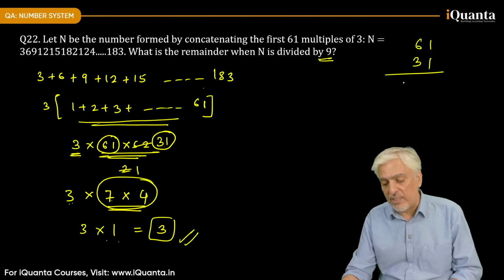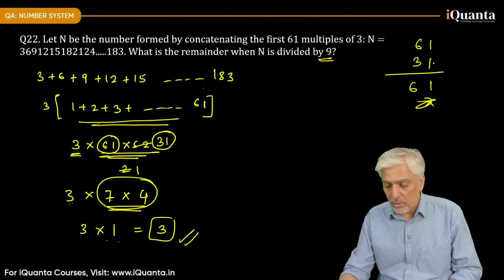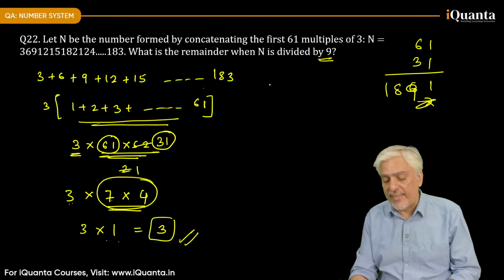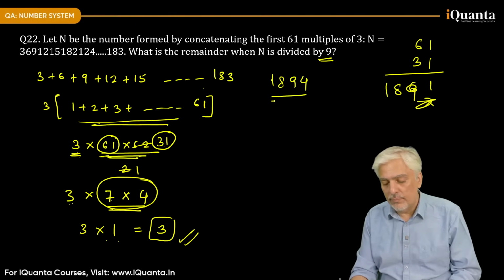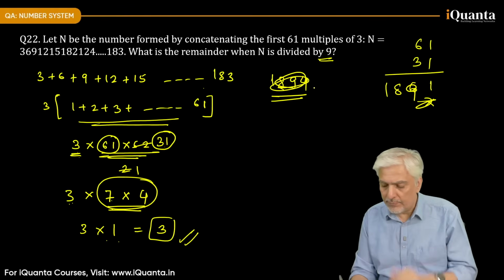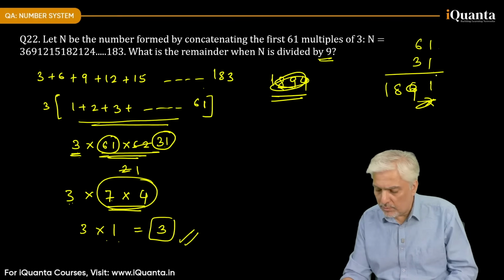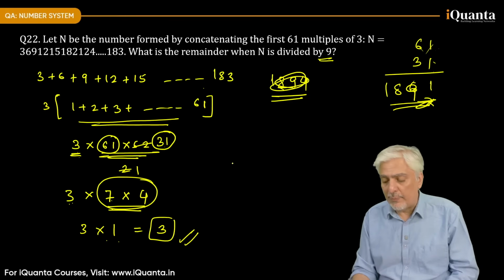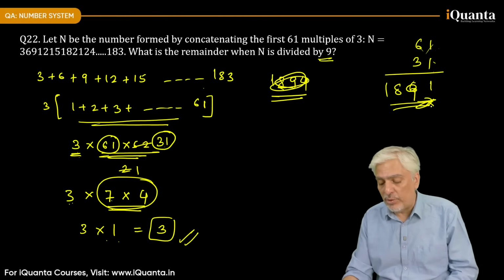61 multiplied by 31 in rough work. 1, 6 plus 3, 9, 18. 1891. 1891 plus 3, 1894. कुछ तो गड़बड़ किया है मैंने. 1, 6 plus 3, 9. और नॉट प्लस नहीं है, मल्टीप्लाई है. 1891 मल्टीप्लाई बाय 3 है.